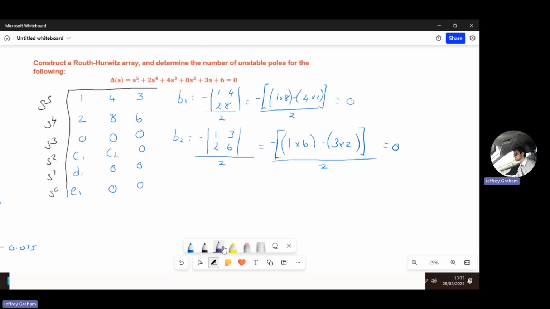Now, it then says, because if you try and work C1 out, you'd have a set of zeros in one of the rows. It'll eventually just constantly equate out to 0, so you can't progress. The statement said produce an auxiliary function from the row above.